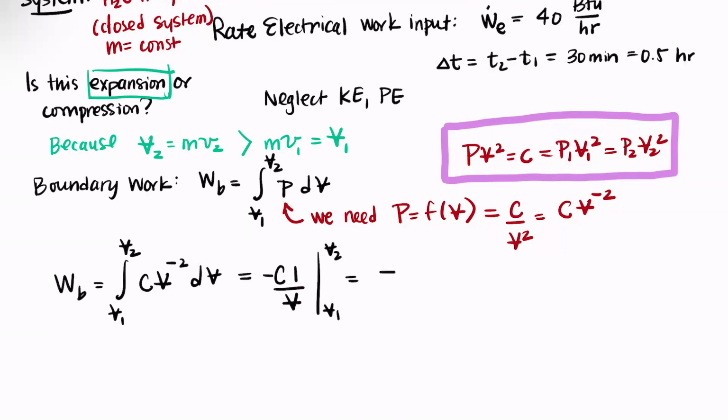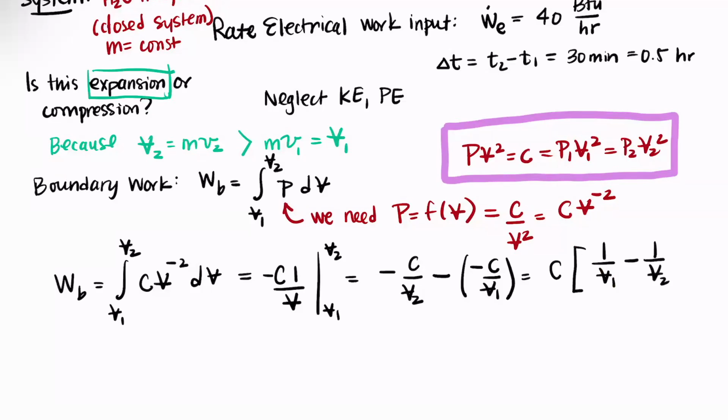So we have minus C over V2 minus a minus C over V1, which is C times the quantity of 1 over V1 minus 1 over V2. So I just factored out a C and tidied up the minus signs in there.